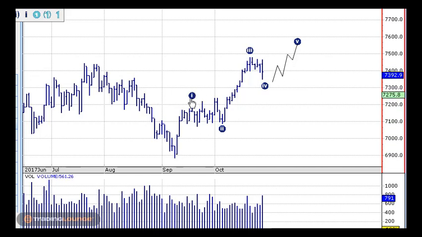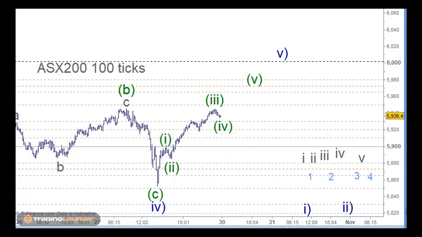And when we look at wave 1 here, we can see that it took 1, 2, 3, 4, 5, 6, 7 days roughly. So we could call that 8. So anywhere between 5 and 8 days for this run here. So if we've got a 5 to 8 day run here on the banks, coming back to this chart then, we could still push up here further.